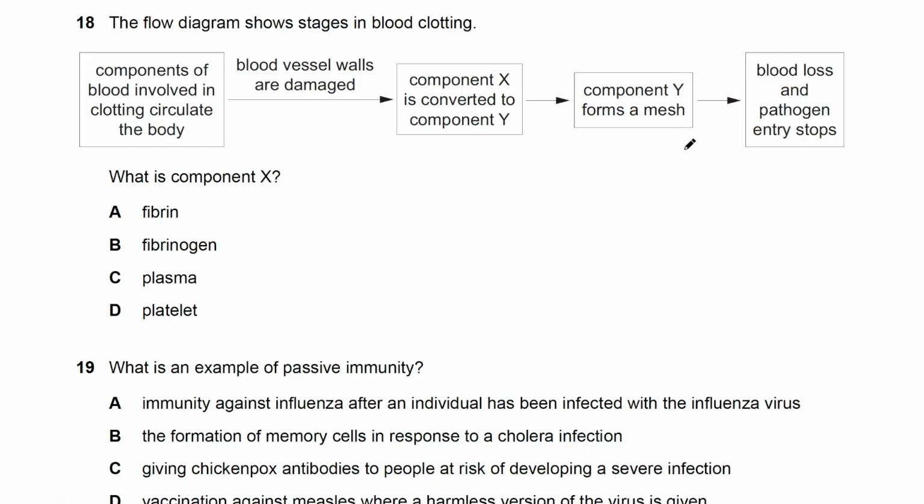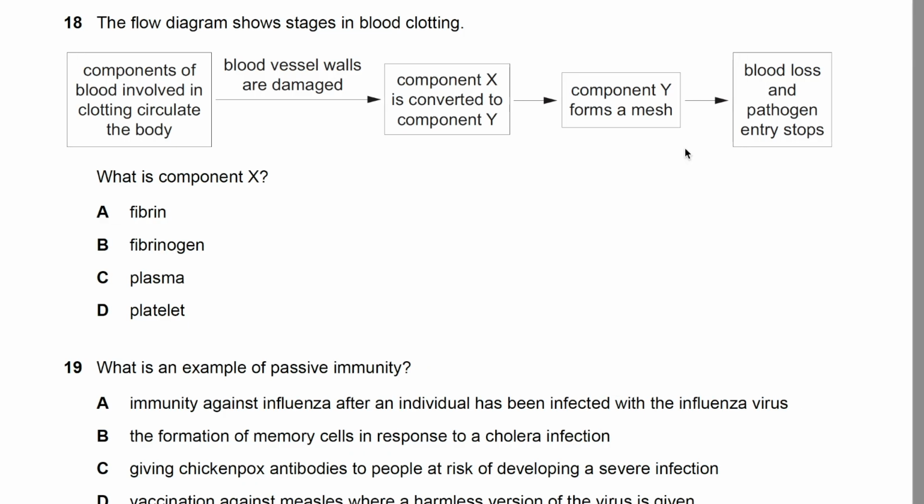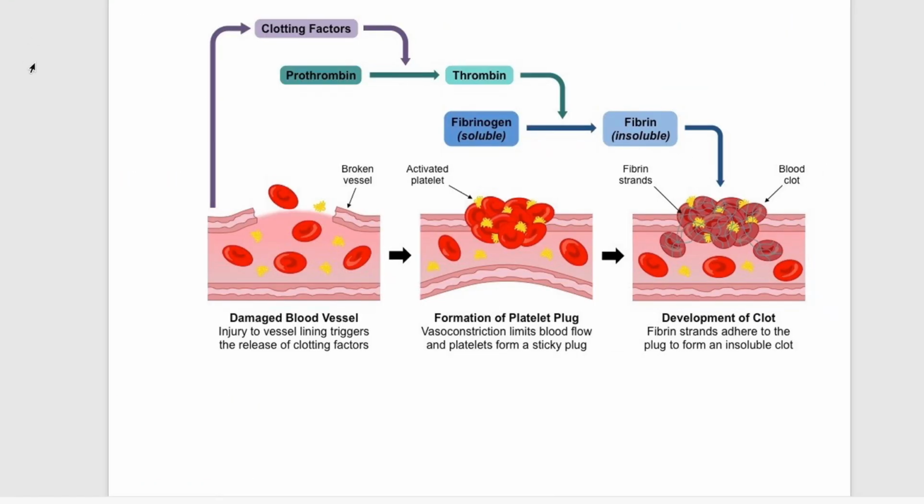In order to make it clear, let me just take you to this diagram. Here you go. As we see, because of the damage, we have different clotting factors that change from one form to another. We have prothrombin to thrombin, and we have fibrinogen to fibrin. But I will tell you from now, he's talking about the fibrinogen and fibrin.